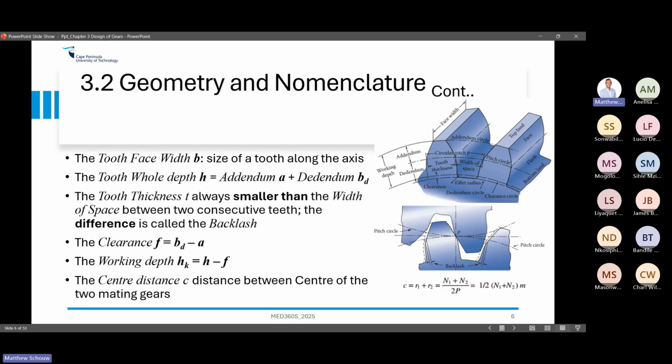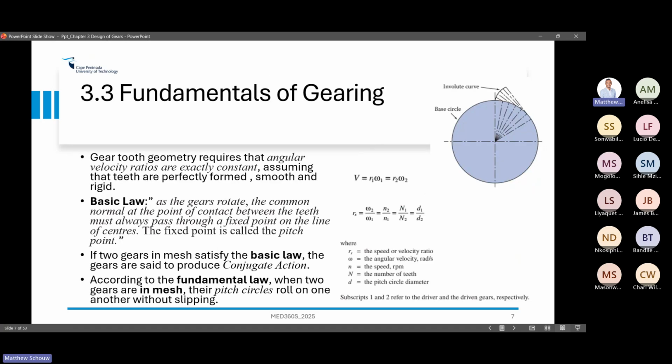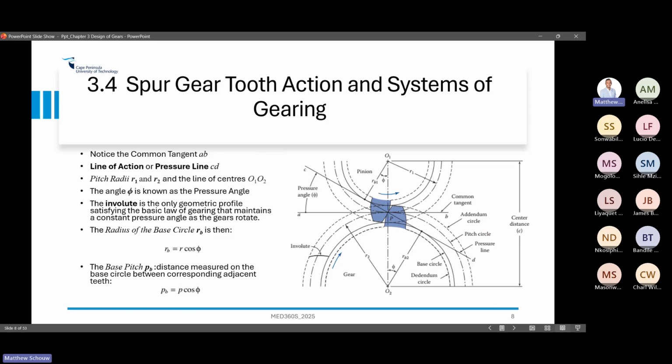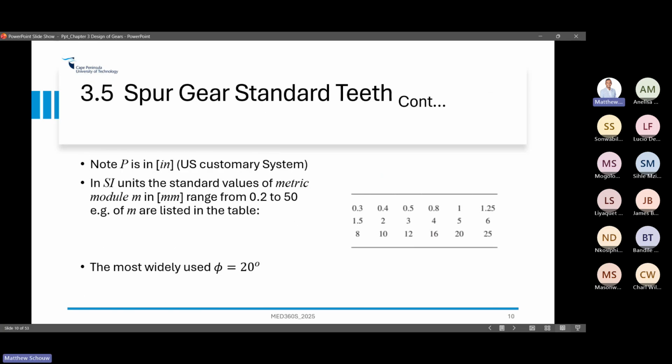We've looked at the module. We've also talked about the center distance between the two gears. And so we're just gonna use that basis of geometry to look at a few more things which are of importance.